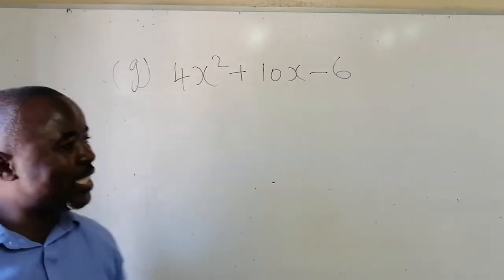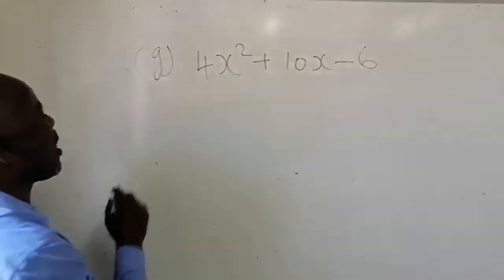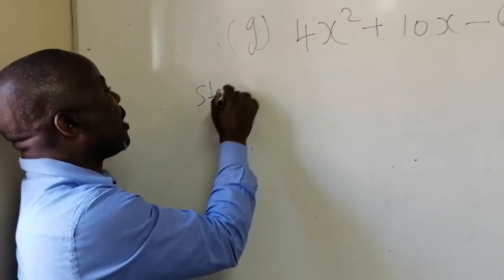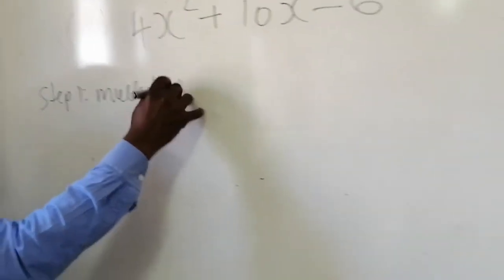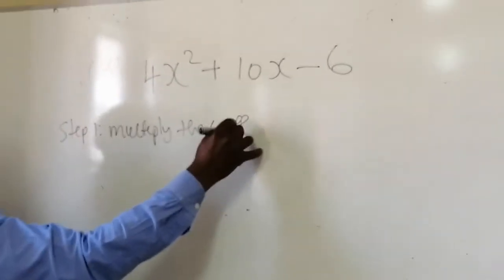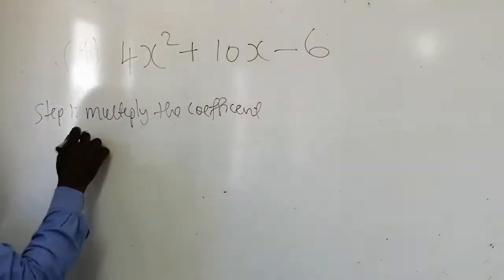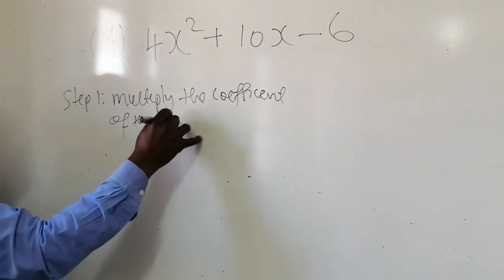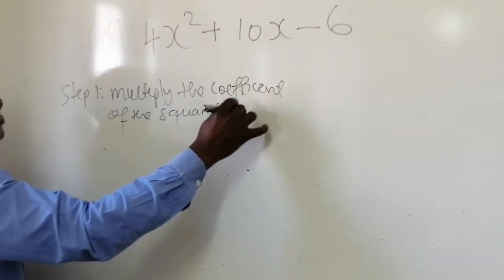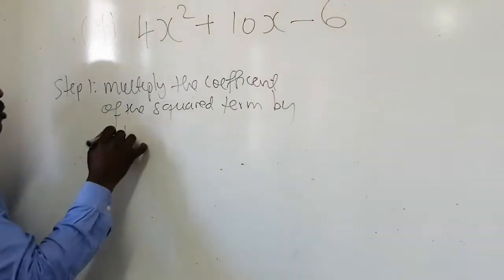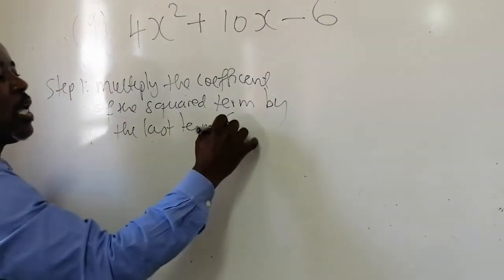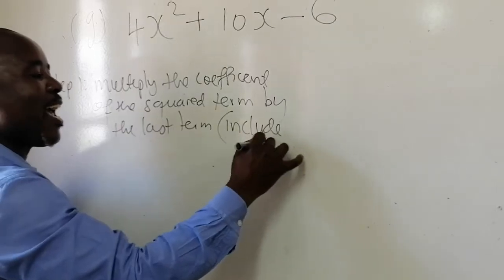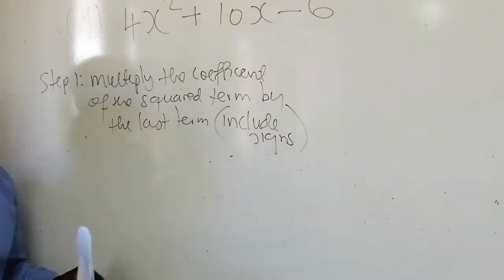How do you do that? In addition to the steps there, step 1 that you do is this one. Step 1, multiply the coefficient of the squared term by the last term, which is the constant term. Include signs which are in front.